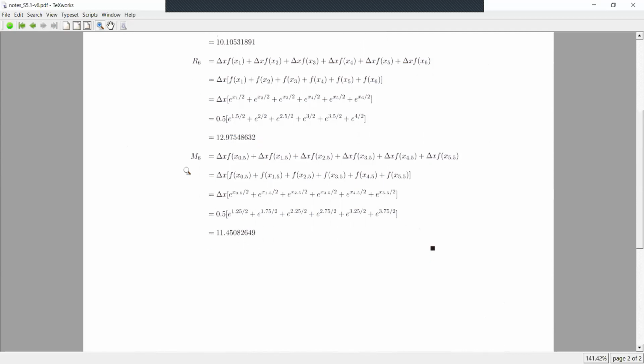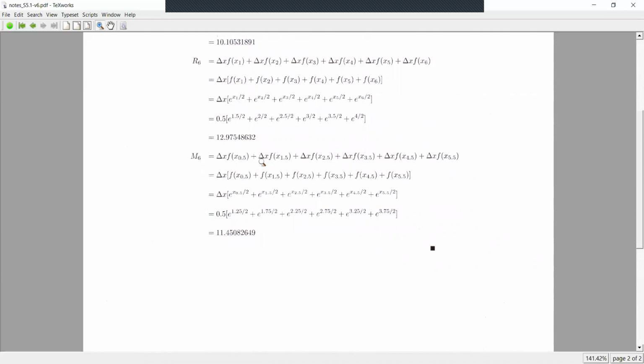Do the same for the midpoint Riemann sum. The midpoint Riemann sum is the sum of the areas of 6 rectangles. Those rectangles were built by using function values at midpoints. This is the area of the first rectangle: base times the function value at the midpoint of the first subinterval.